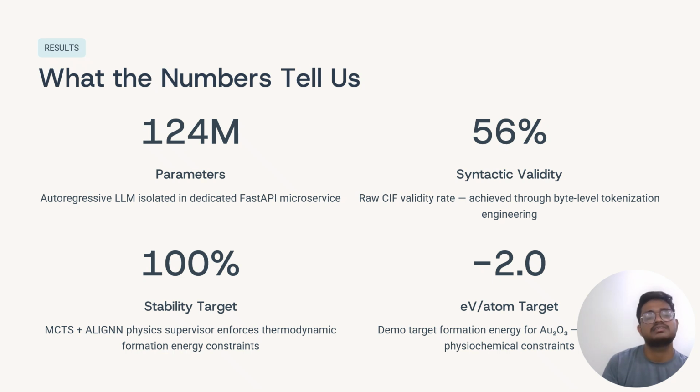Additionally, our physics grounded framework targets thermodynamic stability through formation energy optimization. For demonstration purposes, we use a target formation energy of negative 2 electron volts for gold oxide. While there is still room for improvement, these results demonstrate that combining large language models with physics guidance is a viable strategy for inverse material design.